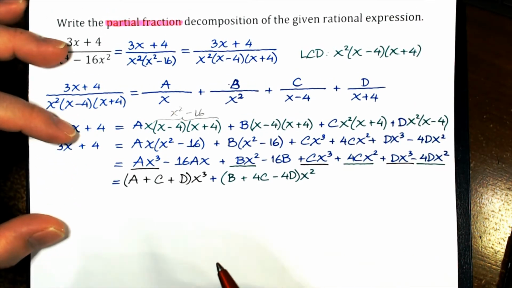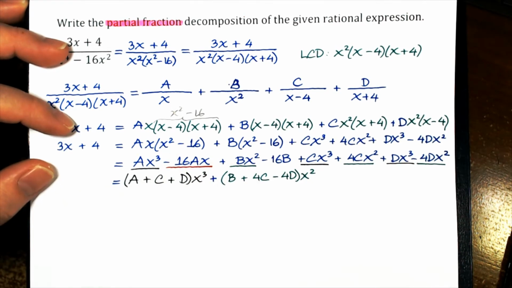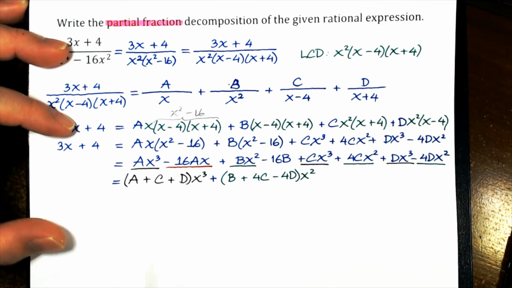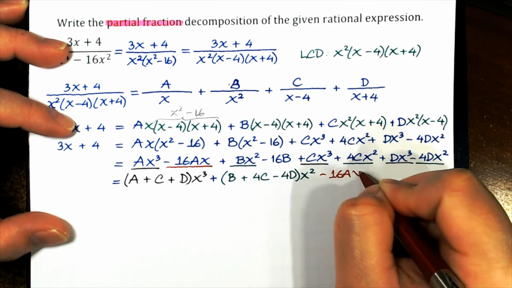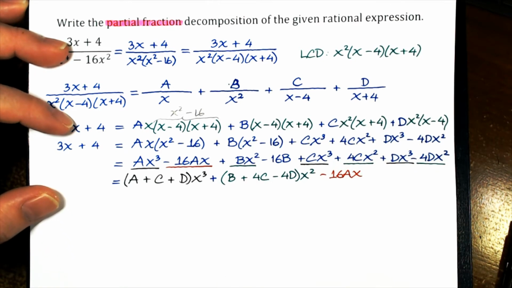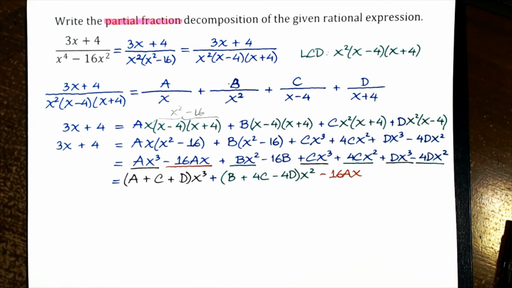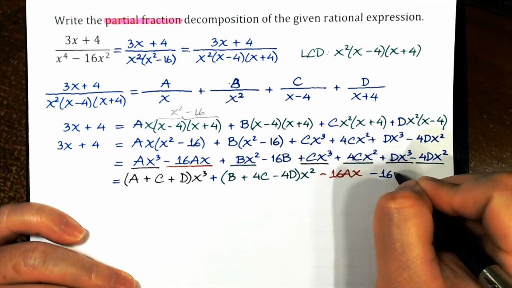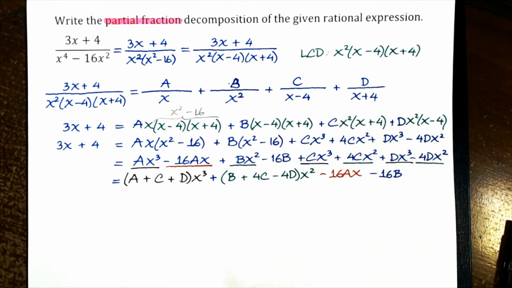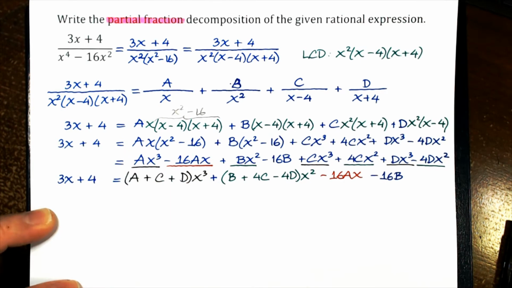And for x, we have negative 16ax, and just that. And then just one constant term, minus 16b. And the polynomial on the left hand side is still the same.